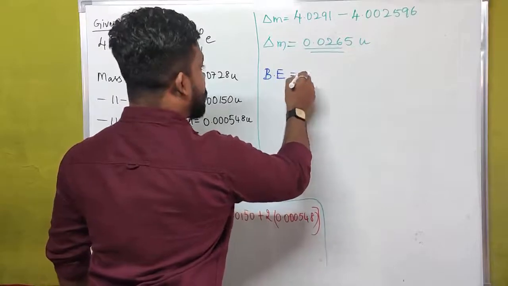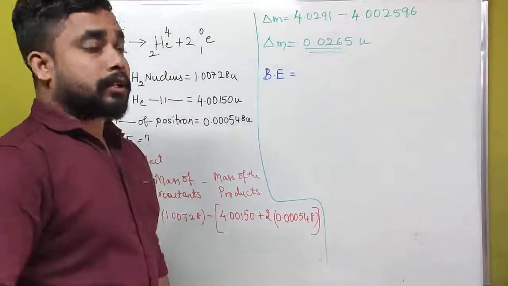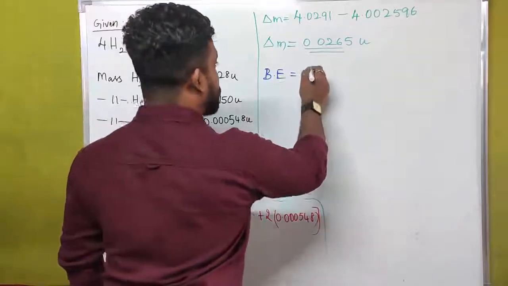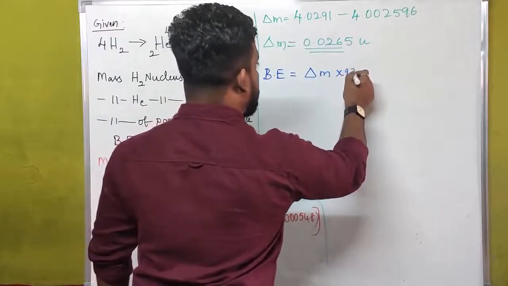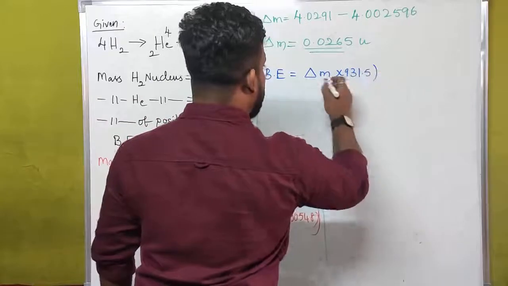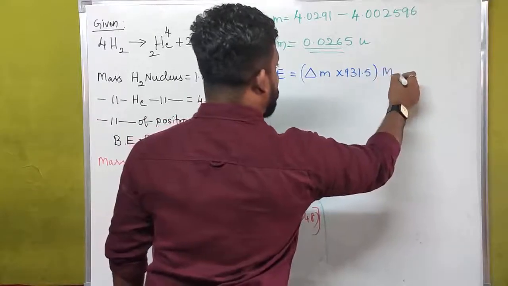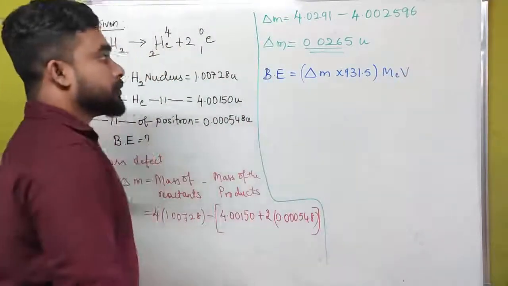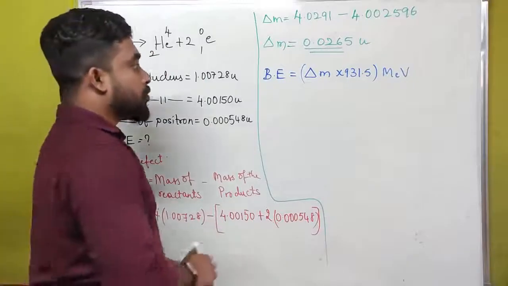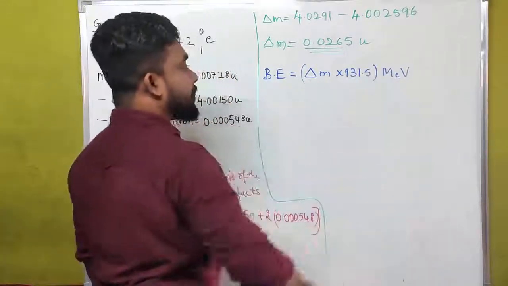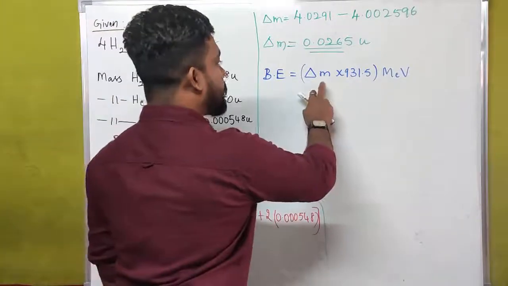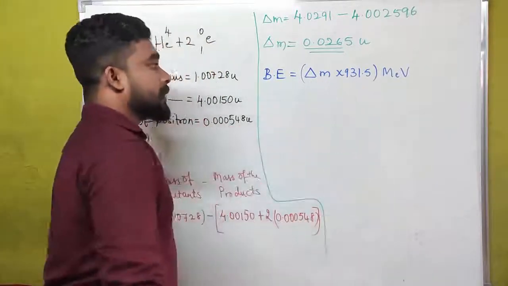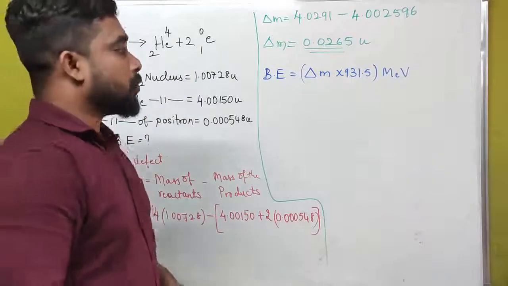Now what we have to calculate here is the binding energy. We know that the binding energy in terms of delta M is equal to delta M into 931.5 million electron volt. For 1 unit, that is equal to 1 into 931.5 million electron volt. In terms of delta M units, that is delta M into 931.5 million electron volt.